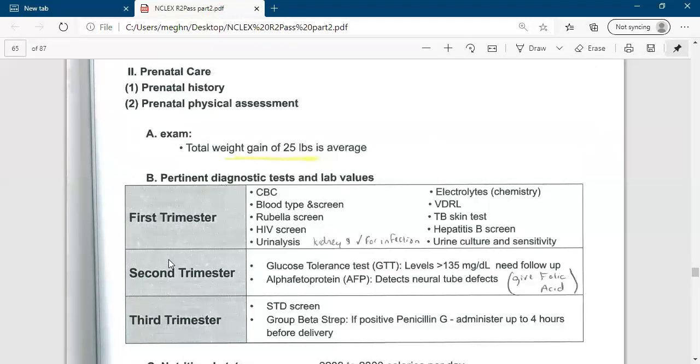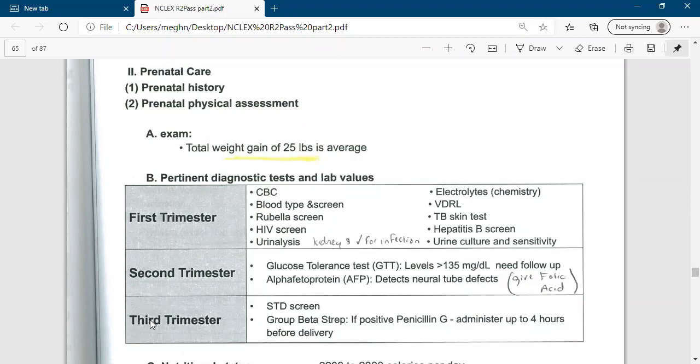Then 28 to 36 weeks, 2 weekly, and the last phase, 36 to 42 weeks, weekly. So up to 28 weeks monthly, the mother has to go for a doctor visit.